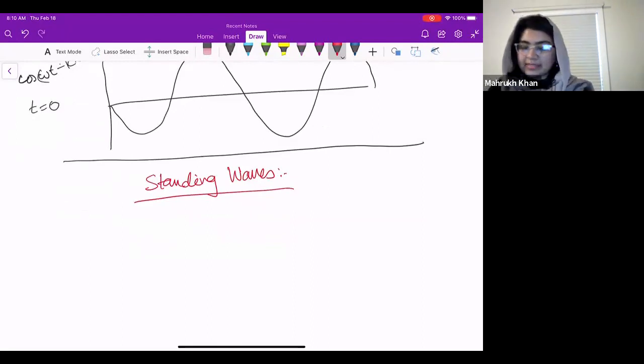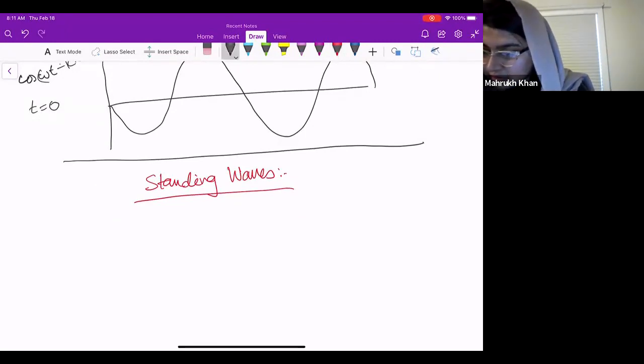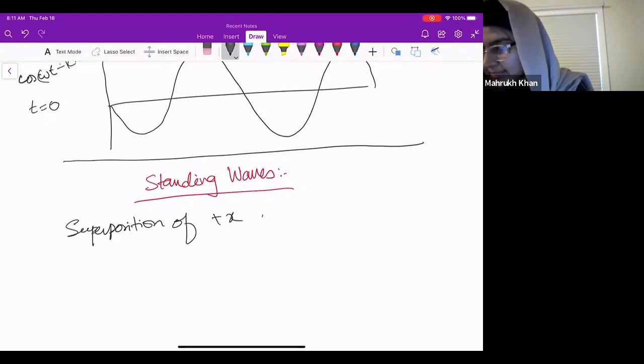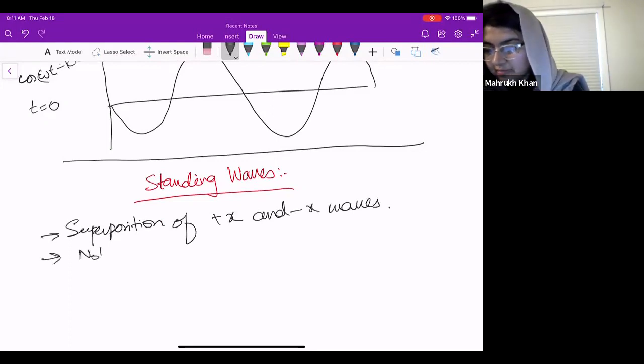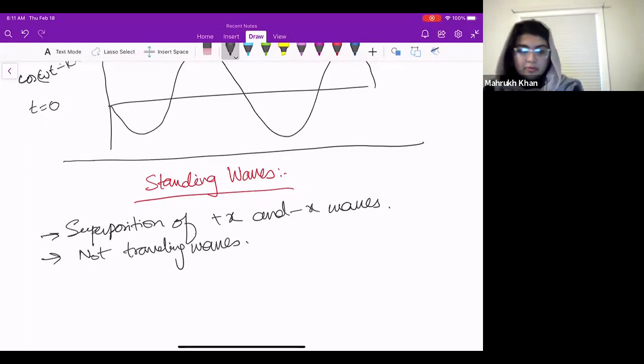So standing waves are the superposition of plus x and minus x waves. And we know that standing waves are not traveling waves. Okay.